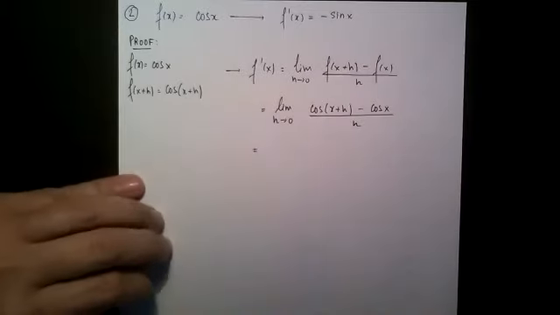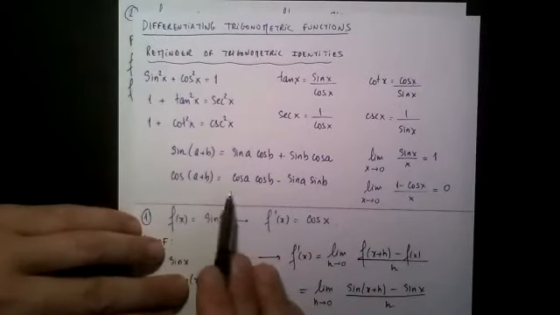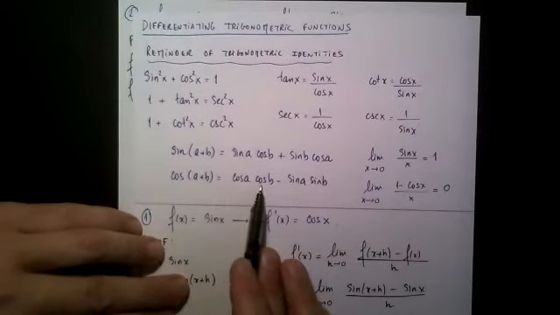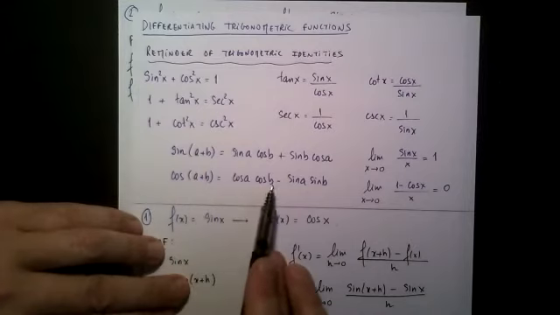If you base yourself on the identity we just wrote, cos of a plus b is cos a cos b minus sine a sine b, so cos of x plus h will be cos x cos h minus sine x sine h. Okay, so let's write it.